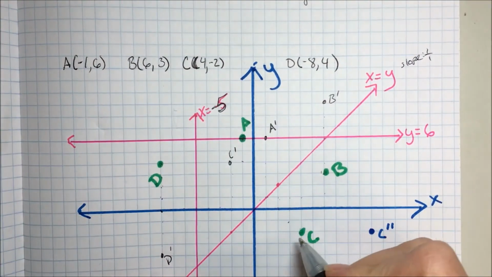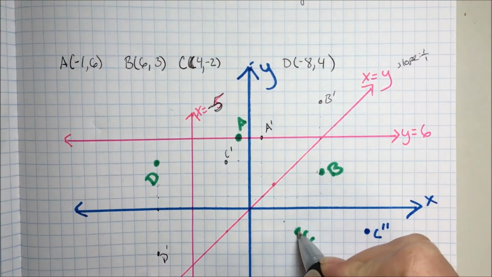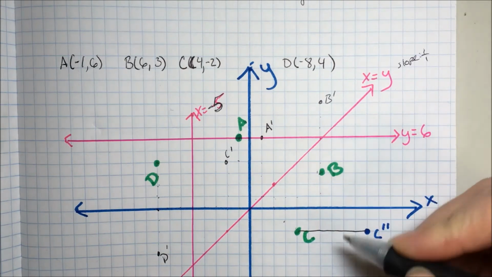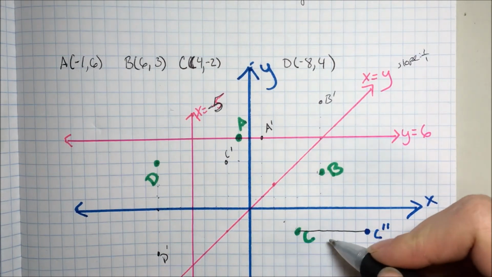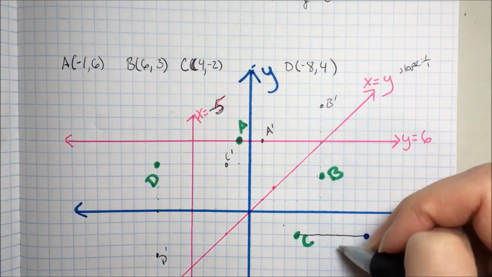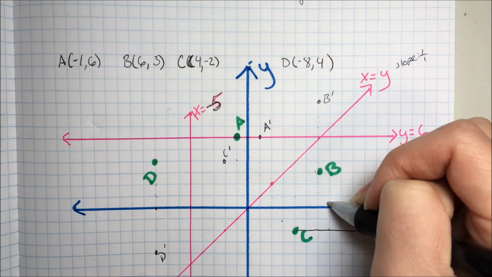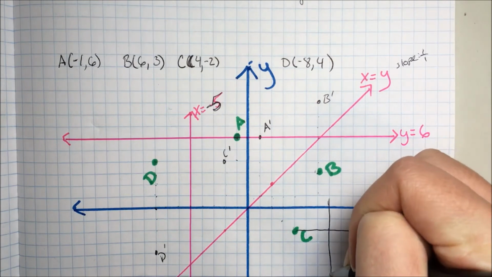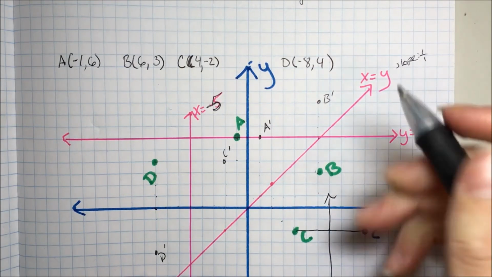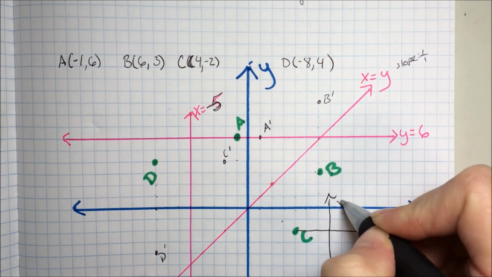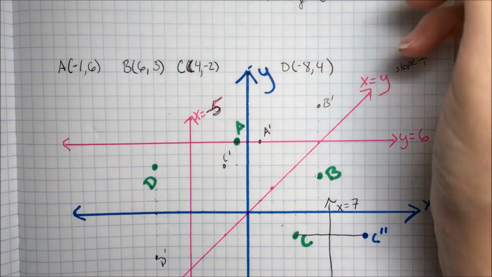Well, I want to go between C and C prime prime and draw a straight line. Then I want to find the perpendicular bisector of this straight line. So I go halfway across, there's halfway, and this would be my perpendicular bisector of that straight line. This happens to be x equals 7.